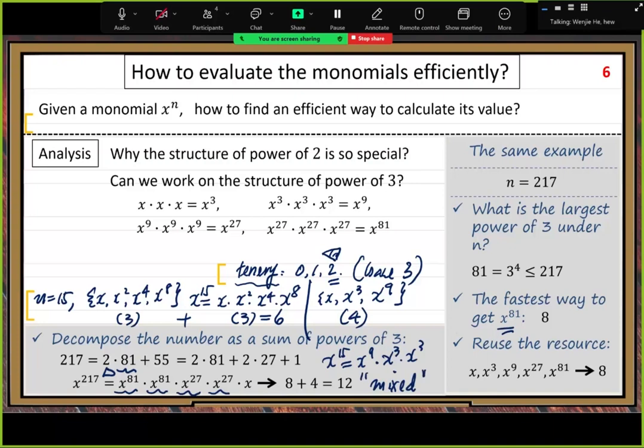We can do both. Now, 2 parts. The first part, repeated squaring. x times x we get x squared. x squared times x squared, we get x to the 4th.